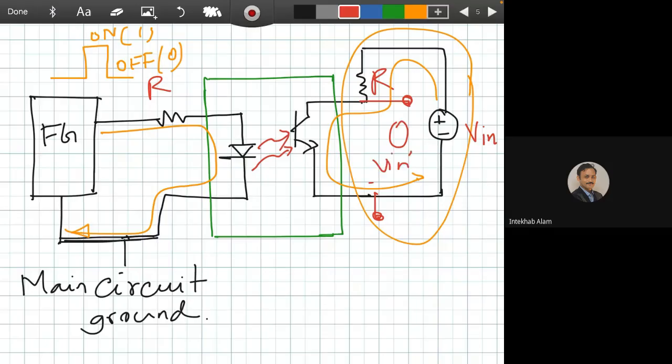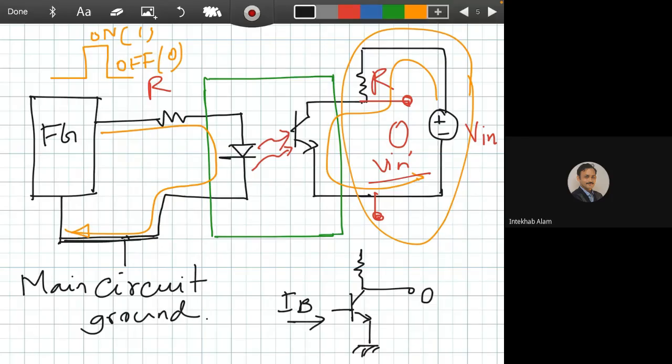Like a transistor connected in this form. If we connect a transistor in this form, whenever we put a base current in here, the output will be 0.